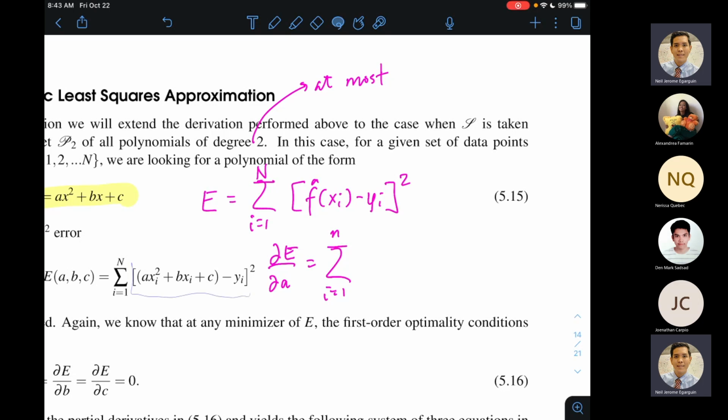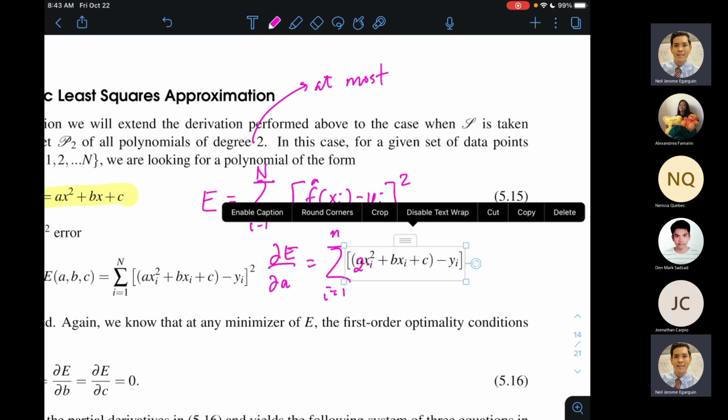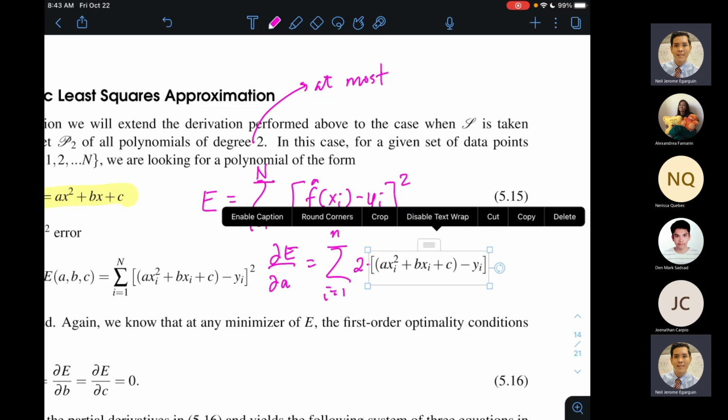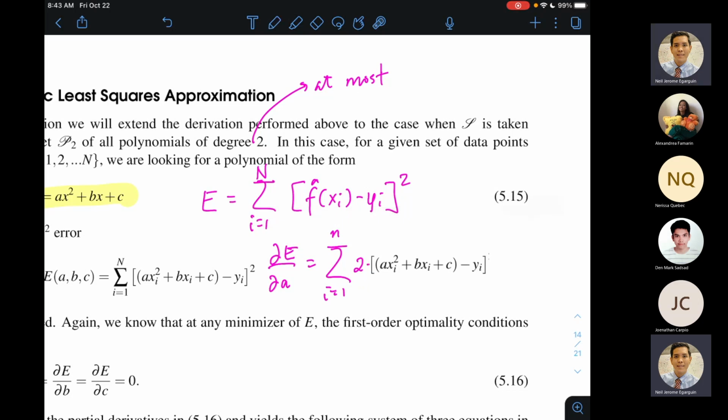Ang derivative ng something squared ay 2 times something to the first power. So it will become 2 times whatever the original base was, right? However, this is a function of a, so the chain rule will kick in. We need to multiply it by the derivative of the base.